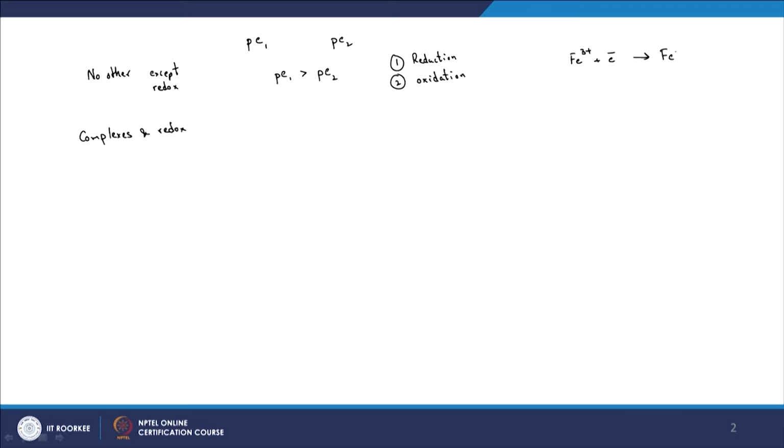This was our first half reaction, right? So when we calculate this particular P value, that's equal to P naught minus 1 by n, one electron transfer, into log activity of Fe2+ by Fe3+, right? This is from our understanding of the relevant system.